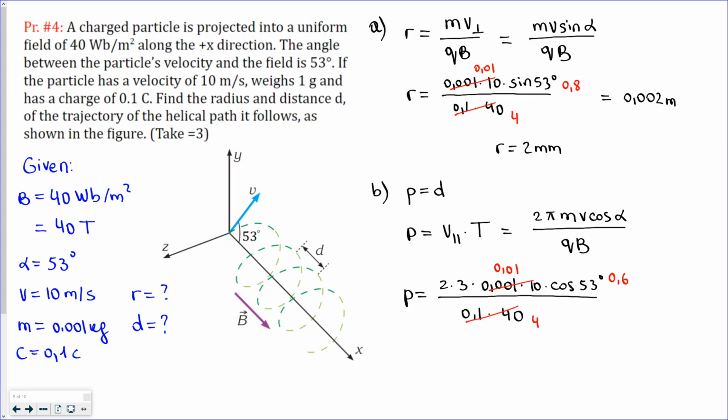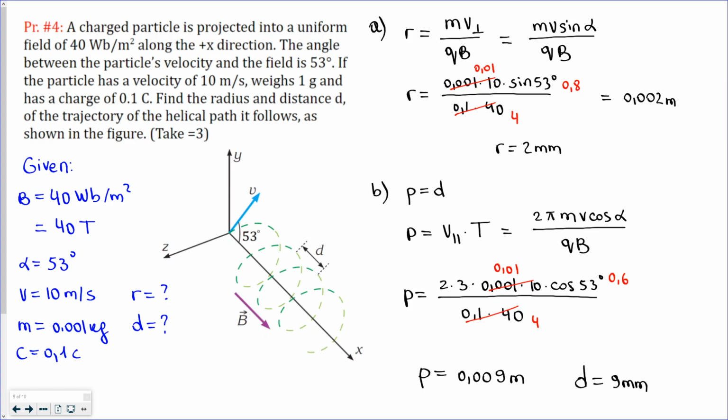So we have 6 multiplied by 0.6 multiplied by 0.01 over 4, and if you calculate this, you get 0.009 meters. So P, or D, is equal to 9 millimeters.